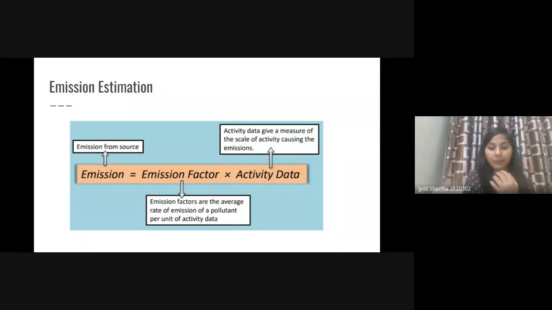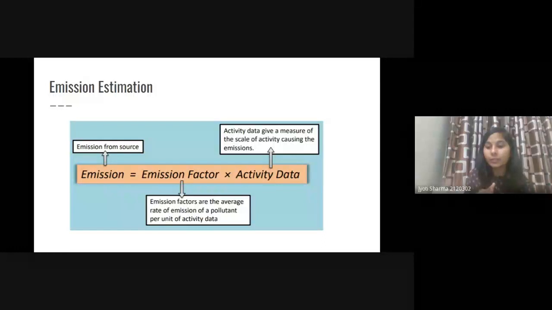For example, if a car is moving, and you are calculating in 1 hour, or let's say at 1 meter length, how much emission it will give you. So this is the scale. After that, you can multiply.